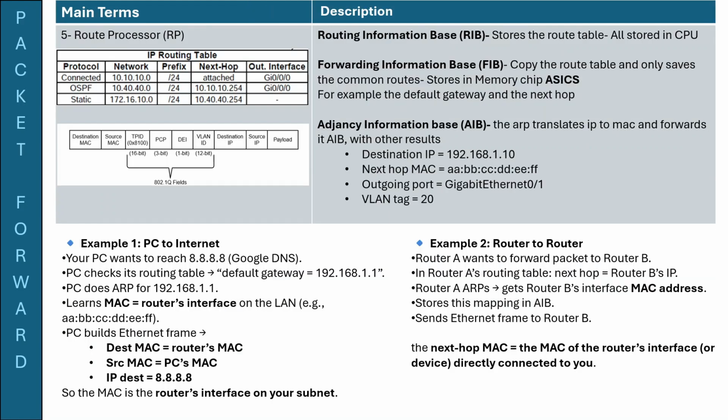This is the route processor, this is the routing table, where the CPU used to handle it. Now these parts are all delegated to the ASIC chip.